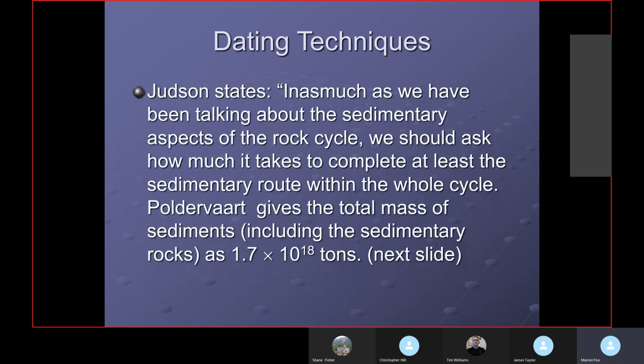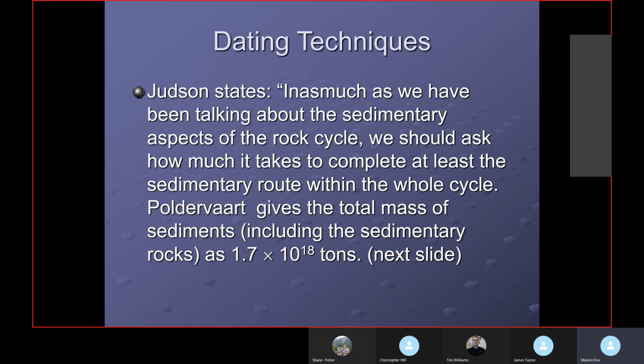Now, the problem is, Judson states that insomuch as we have been talking about the sedimentary aspects of the rock cycle, we should ask how much time it takes to complete at least the sedimentary route within the whole cycle. So how long does it take sedimentary rocks to cycle and recycle?